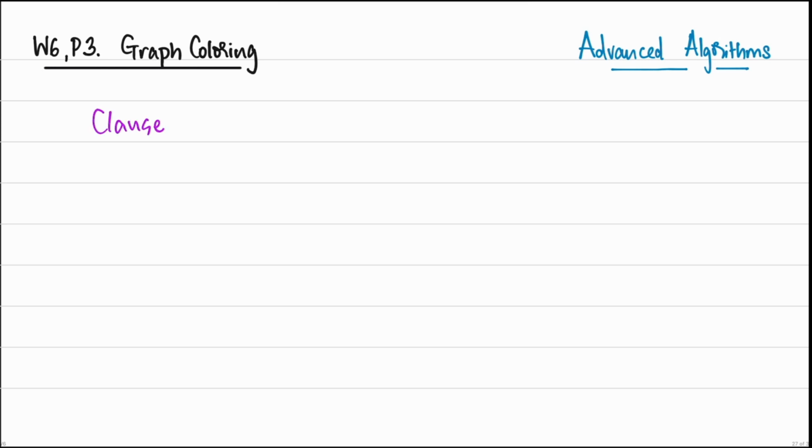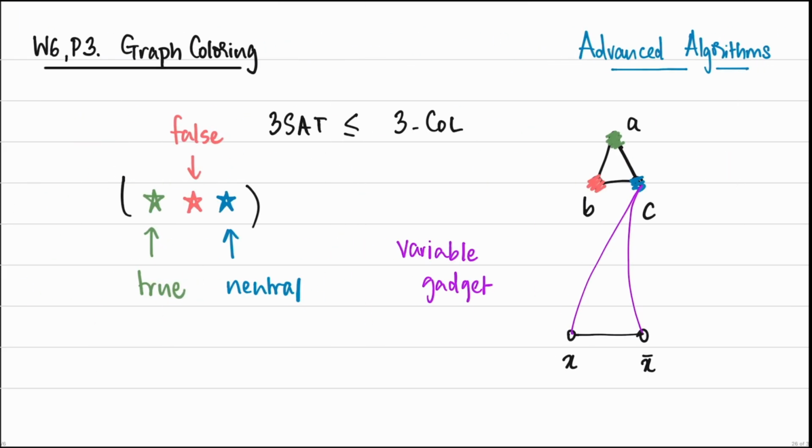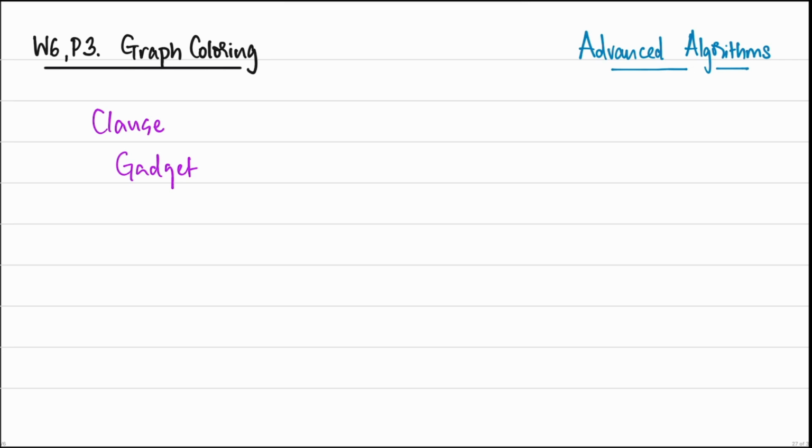And what we want to do is design a gadget which has the property that if the assignment we had on the variable gadgets is not satisfying, then the design of the clause gadget should be such that it raises a complaint.